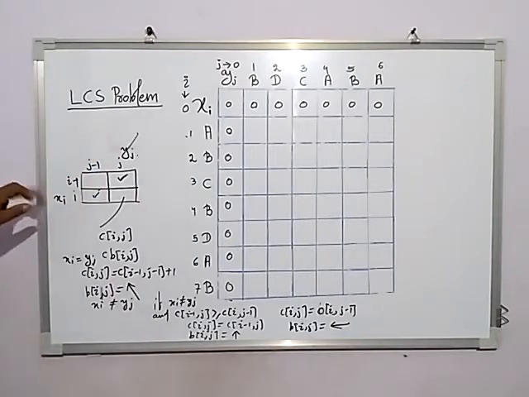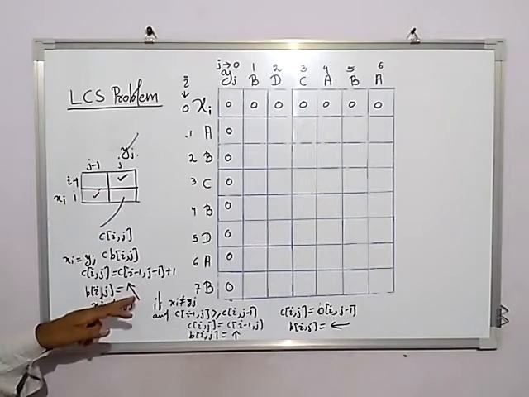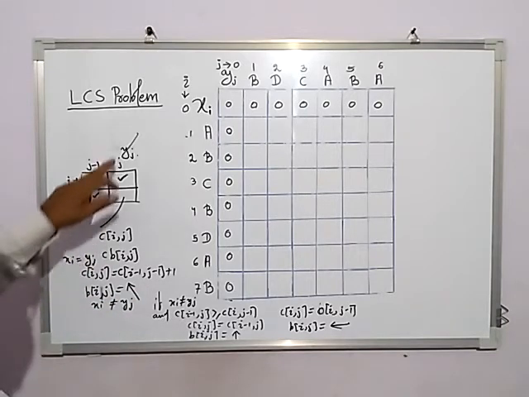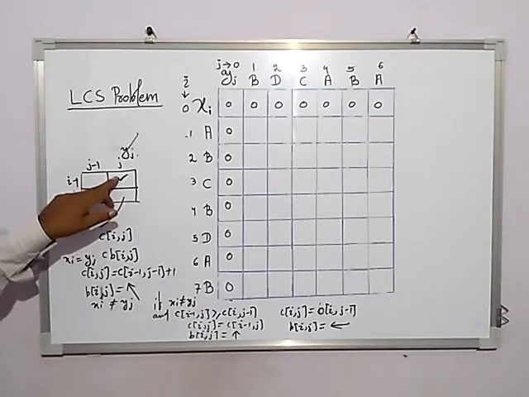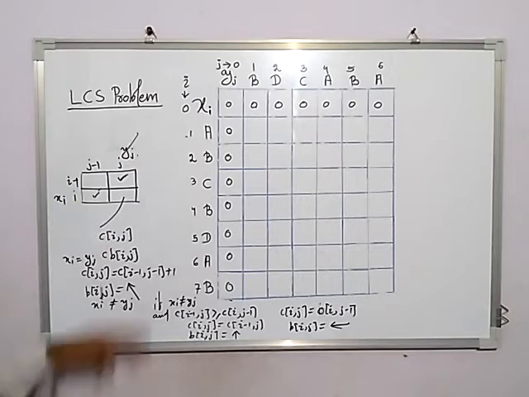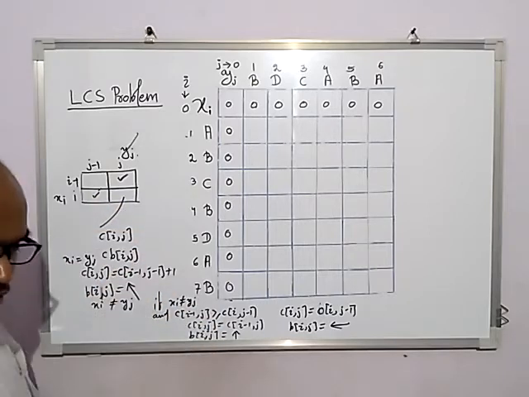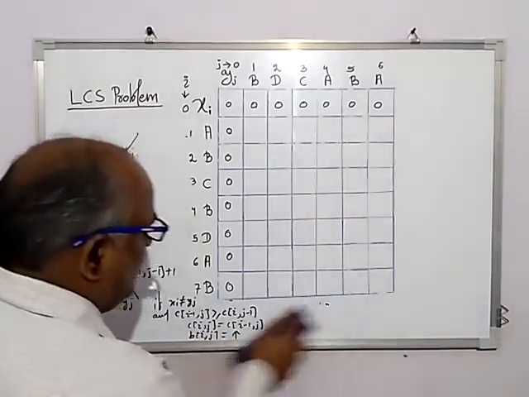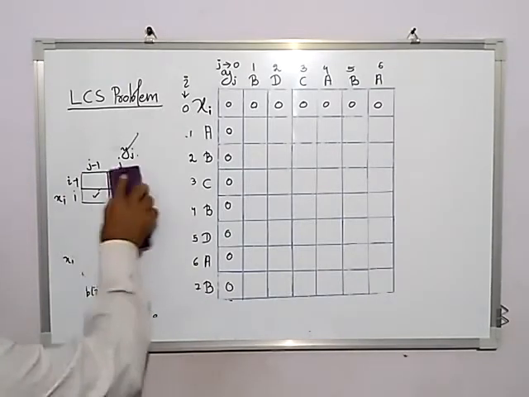If characters are same, C of ij equal to quadrant value plus 1, arrow equal to this one. If this condition false, if this one is greater than or equal to this one, then you consider this value here and use up arrow. If this condition false, you consider the left box value, then use sleeping arrow. So according to that, we fill up the table like this.